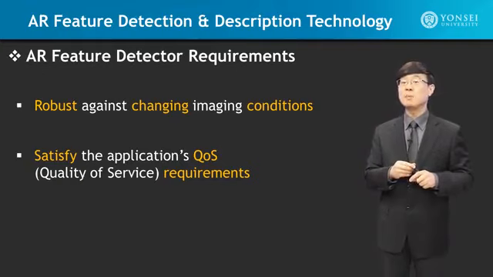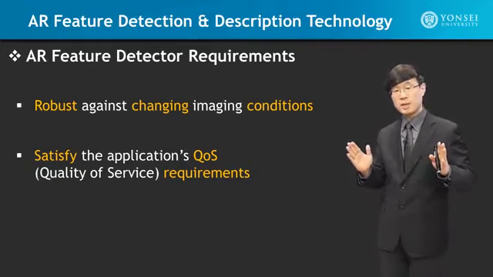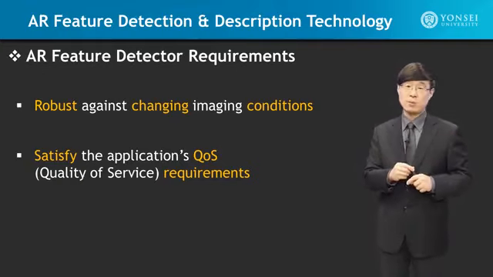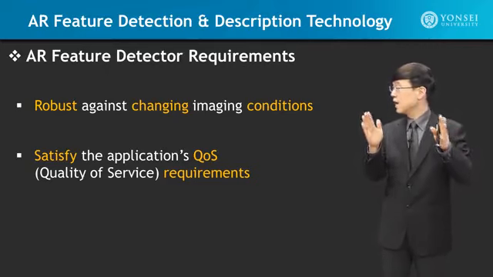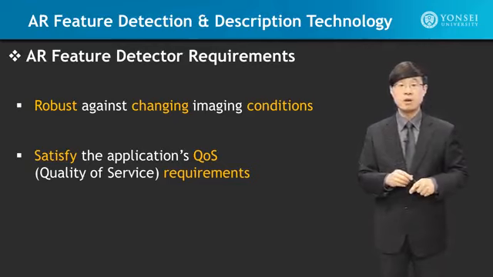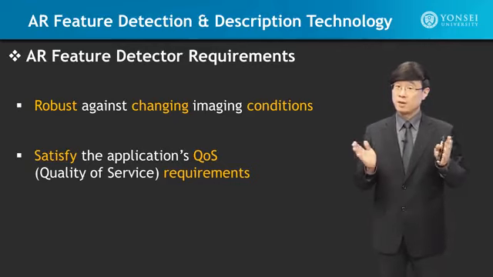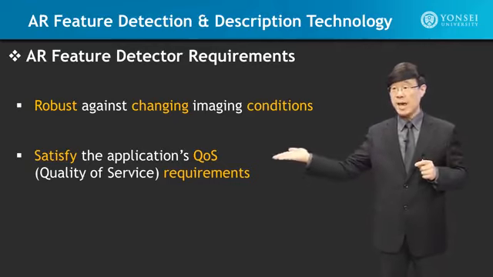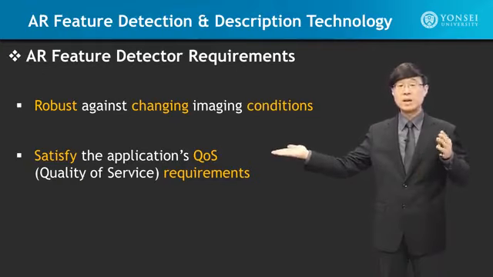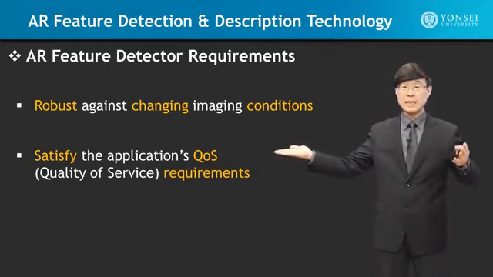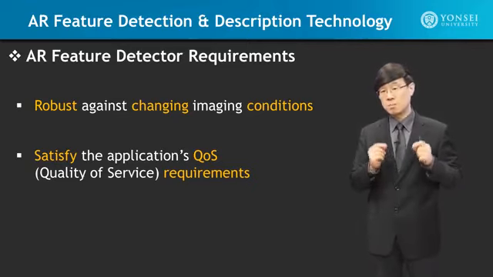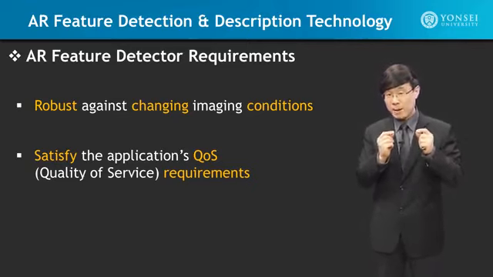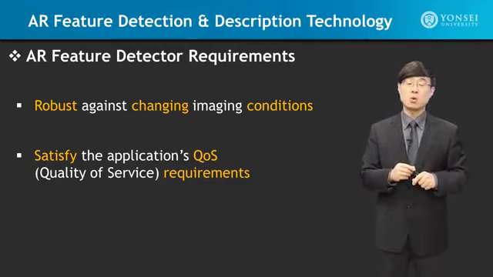You must be able to complete the entire process of augmented reality before the user looks in a different position and a new view comes into their vision range. Therefore, the device has to be very accurate, very fast, with very little power consumption. These quality of service requirements must be satisfied for a product that is going to be used in a specific way.